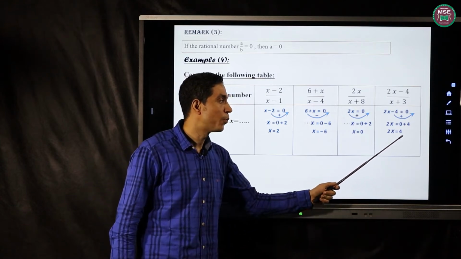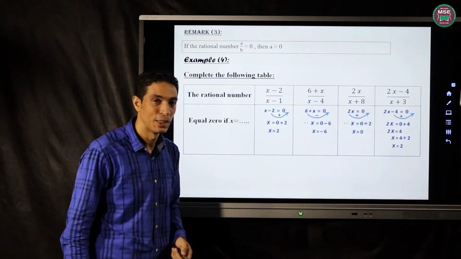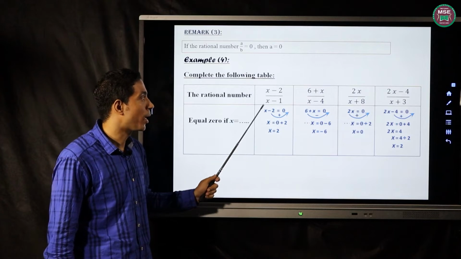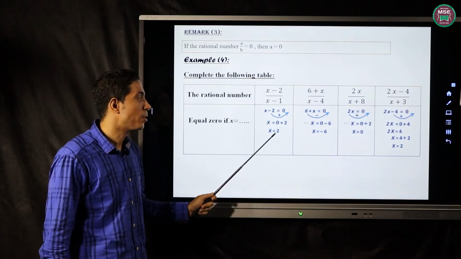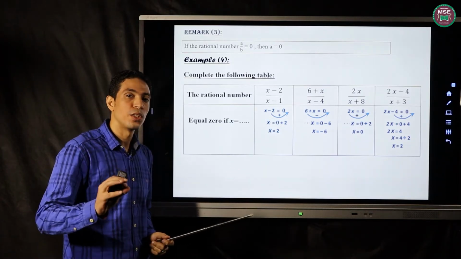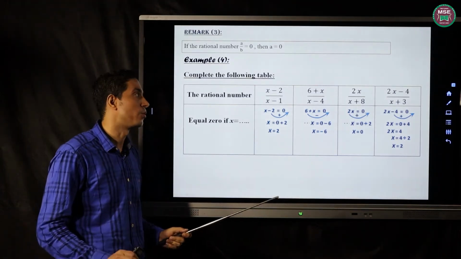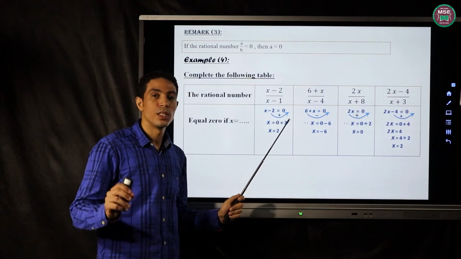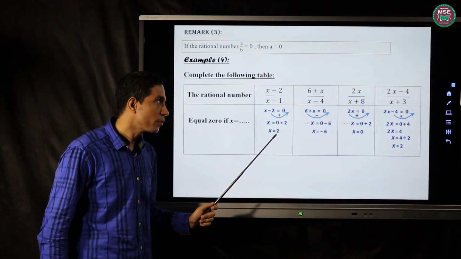Then x will equal 4 divided by 2, which equals 2. And we can check our answer by substituting x in these fractions, and the result must be equal to 0. If we type on the calculator (2 minus 2) over (2 minus 1), the answer must equal 0.